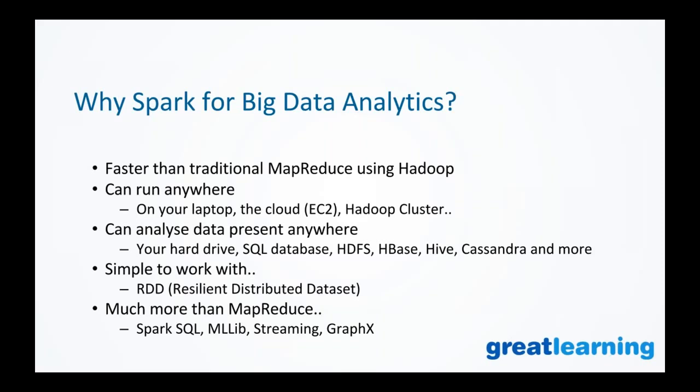You might have installed Mahout to do machine learning on Hadoop. So what Spark does is it hides away all these complexities and gives you one single interface, which is called the RDD. It stands for Resilient Distributed Dataset. So if you want to do machine learning, you still work with an RDD.